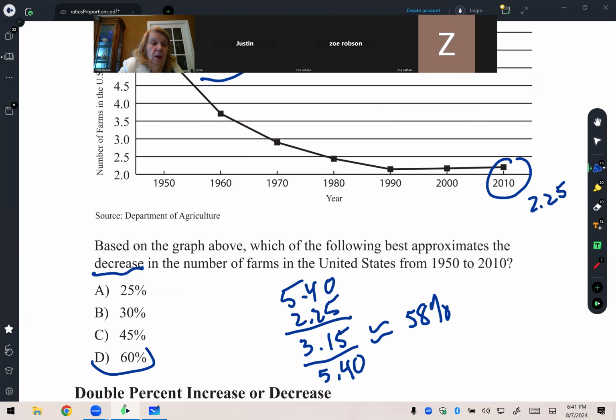They know you can't get it exact. We're 2% off. That's pretty good for just eyeballing it. So is everybody good with that one? Zoe Latham, yeah. Zoe Robson, yeah. Good, and Justin? Yes. Okay, good.